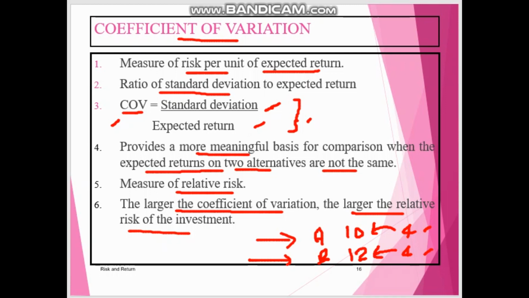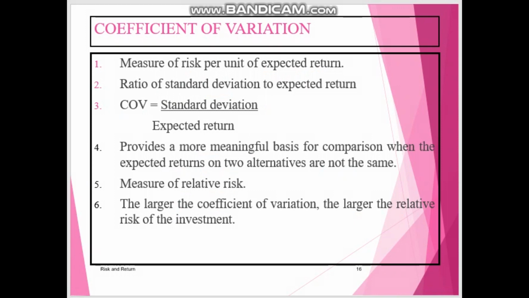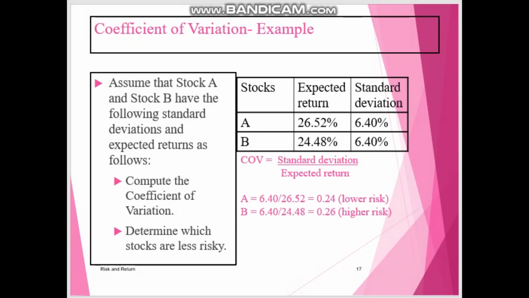Okay, now we move on to a specific example to see how we calculate this. Coefficient of variation, specific example. Assume that we have stock A and stock B, and this is the standard deviation and also the expected return.